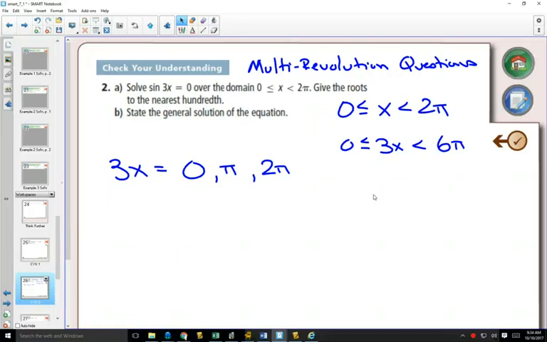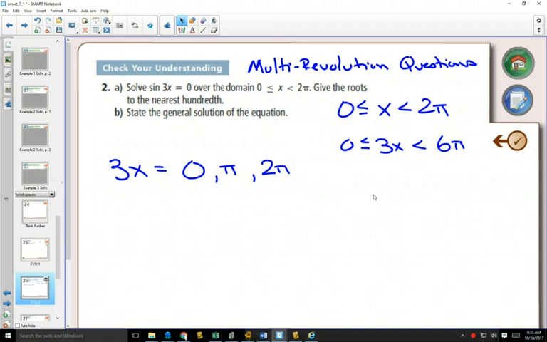In the same way that if you picked a number between 1 and 10, and then multiplied it by 3, then your numbers are between 3 and 30. And this is why we call it a multi-revolution question. Because 1x is one time around the circle. If 1x is one time around the circle, then 3x's is 3 times around the circle. And so it goes around the circle more than once, hence the name multi-revolution question.